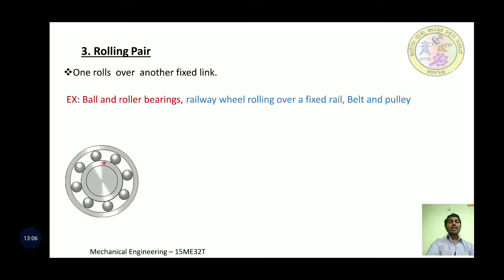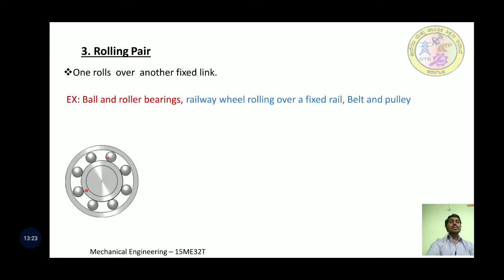So what is a roller bearing? A roller bearing is used to provide a low frictional movement for a bushing or a bearing block. What's a bearing?